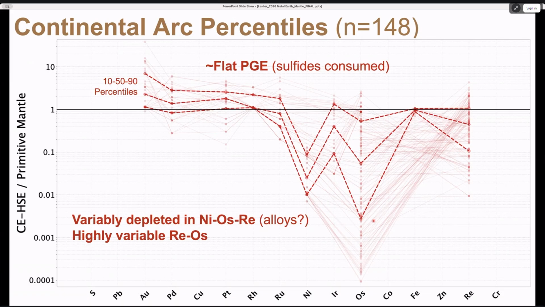So maybe there are some alloys holding back nickel and osmium. If the conditions are reducing, then you can get alloys, because there's a pretty good depletion in nickel relative to ruthenium and so forth. So it could be a nickel alloy or something like that.